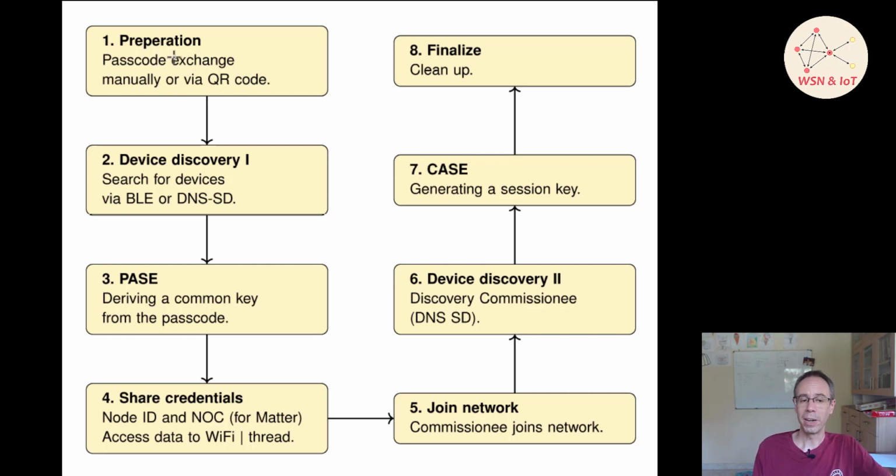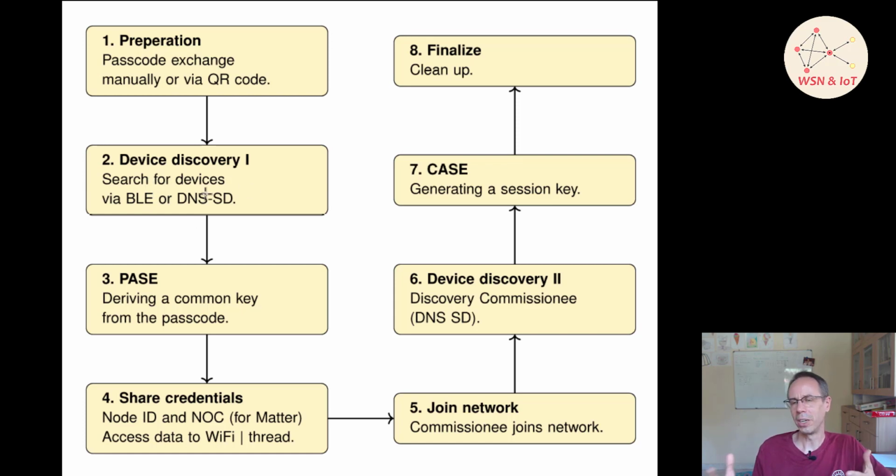After the preparation, we make the device discovery, searching for the devices where we have the passcode, via BLE or DNS service discovery. Normally over BLE when the device was never in the network yet.